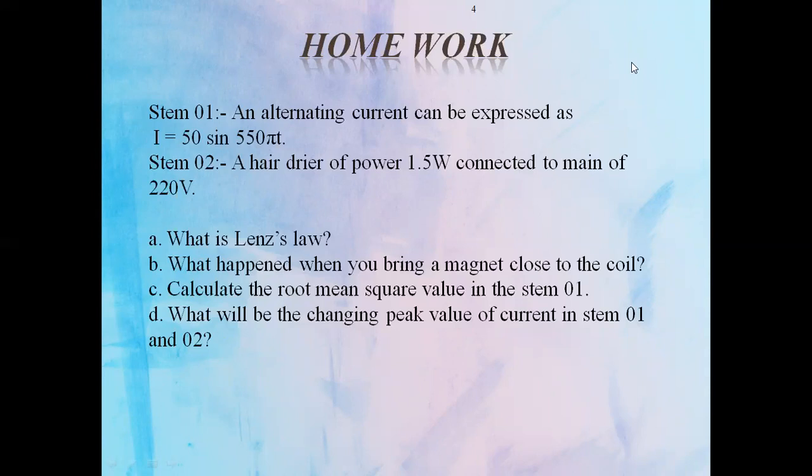Number B, what happens when you bring a magnet close to the coil? Number C, calculate the root mean square value of current in step 1. And number D, what will be the peak value of current in step 1 and step 2?